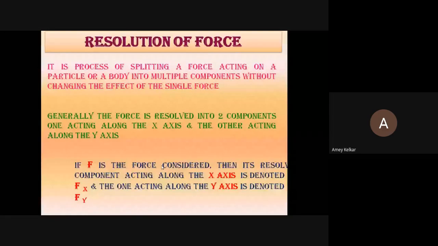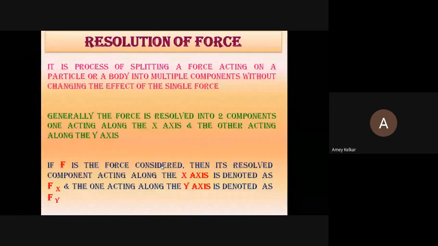If we have a force F, then its resolved component acting along the x-axis is denoted by Fx, and the component acting along the y-axis is denoted by Fy. This is the process of resolution of a force. We will use this process in the examples which we will be solving.